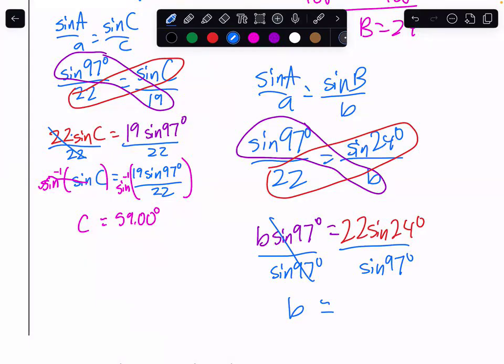So 22 sine 24 over the sine of 97 rounds to 9.02.